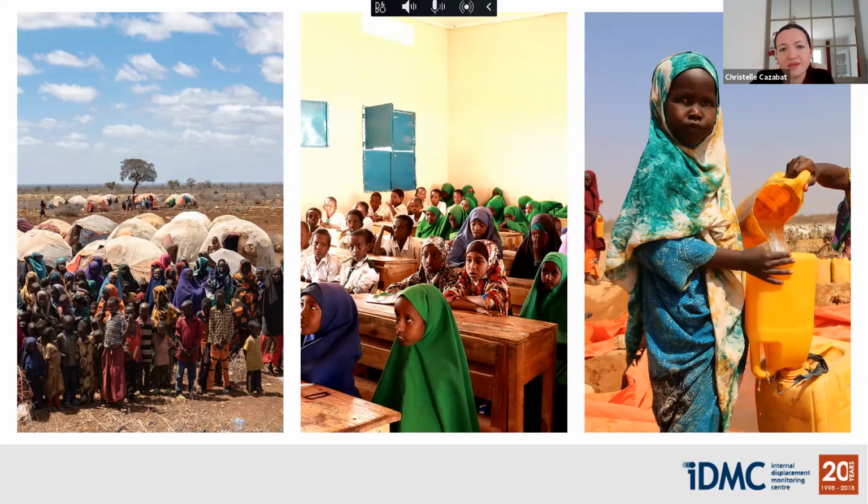Schools were set up in the IDP settlement and they were free and easy to access by foot. So we continued our analysis and we found that displaced families with higher income were sending all their boys and their girls to school. But families with lower income could not even afford school supplies, and they had to choose between sending their boys or their girls.